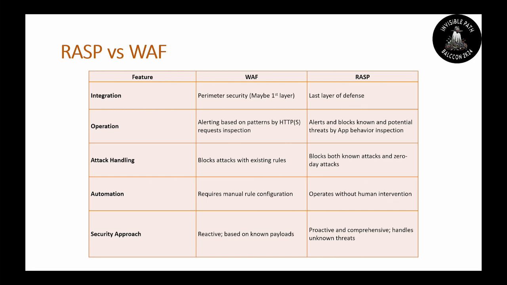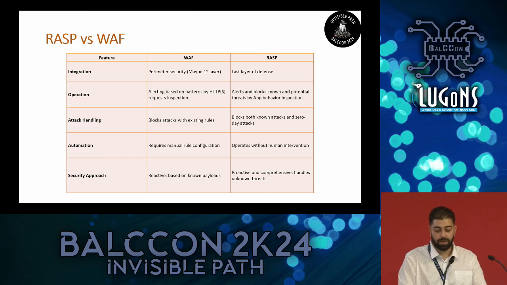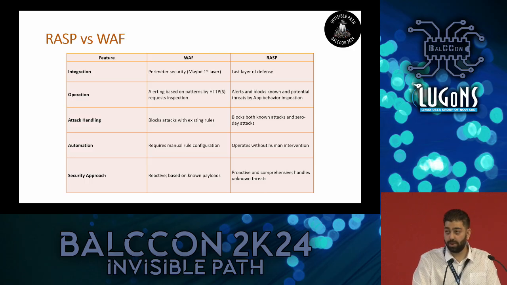You put it inside your application, and it will try to detect and mitigate the threats or exploits. Regarding the operation, WAF is mostly based on the HTTP requests and responses. It will inspect the requests, while RASP alerts and blocks based on known and potential threats based on the application behavior, and performs inspection and behavior analysis.